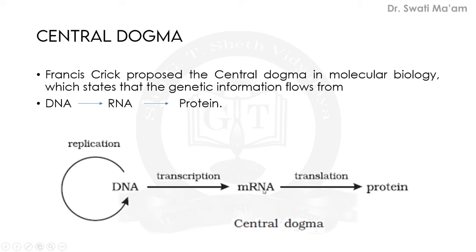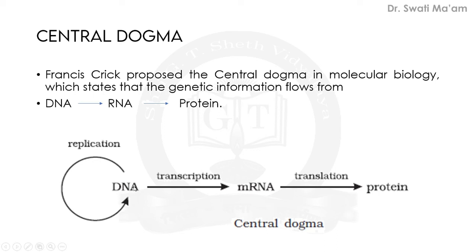RNA is actually of three types, as you have learned earlier. Again, we will revise the same, recall all the things. The ribonucleic acid is of three types. First is messenger RNA, second transfer RNA, and third ribosomal RNA. So here we are talking about messenger RNA. The name indicates why it is known as messenger RNA, because it takes the message which is given by DNA.